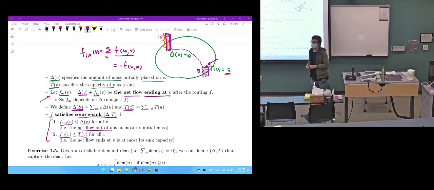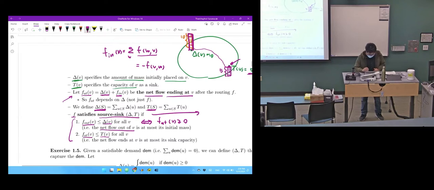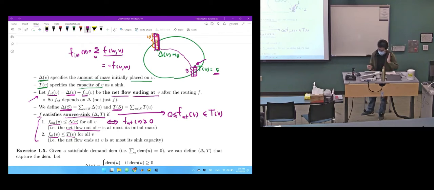This is the same as saying that F at V is at least 0. So you can succinctly say that we want F at V to be between 0 and at most the sink at V. This is what it means for a flow to satisfy the source and sink functions.